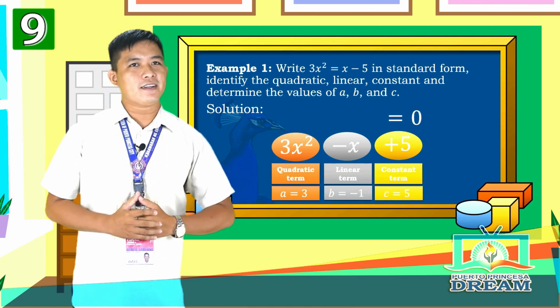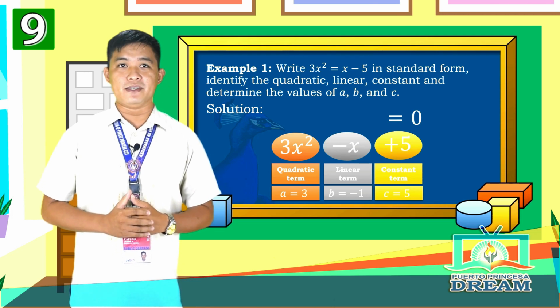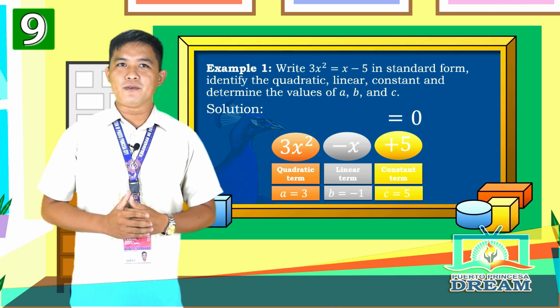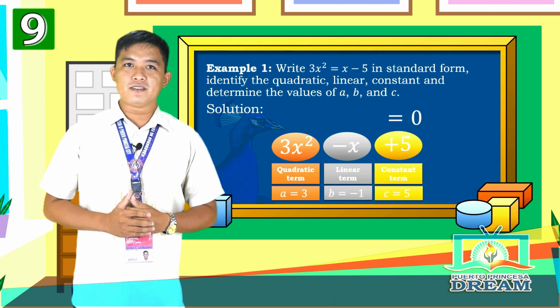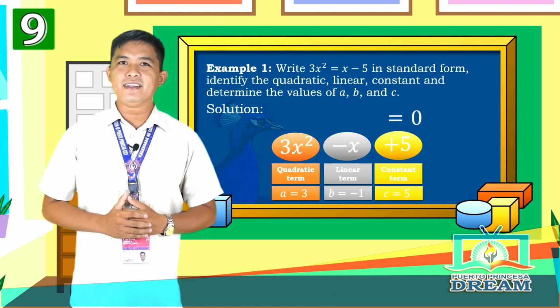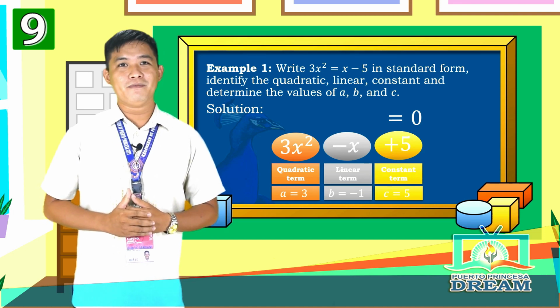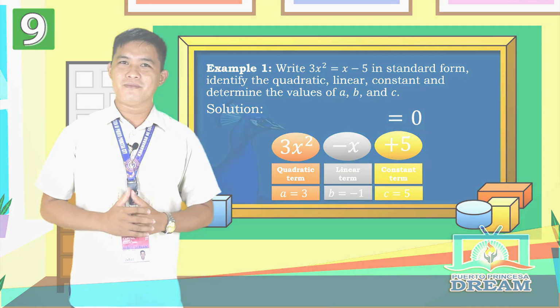The equation 3x squared minus x plus 5 equals 0 is in standard form with a equals 3, b equals negative 1, and c equals 5. Did you follow? Great job!